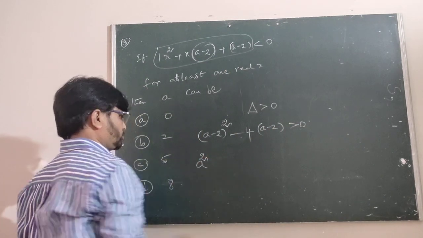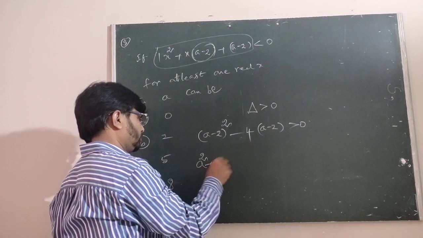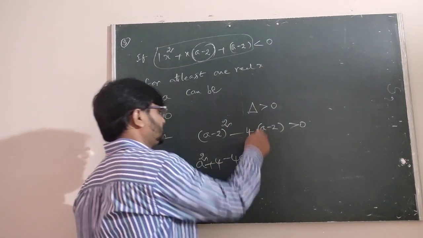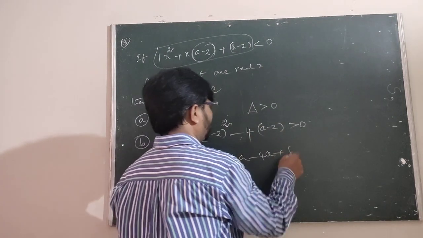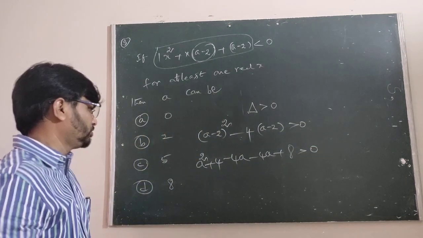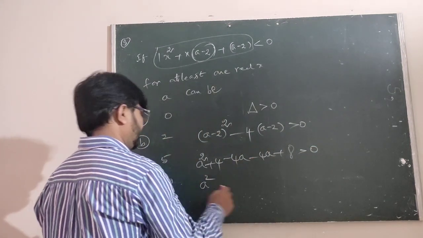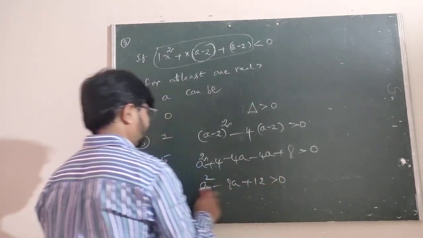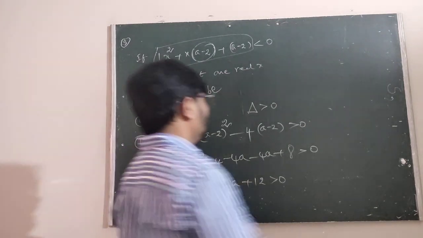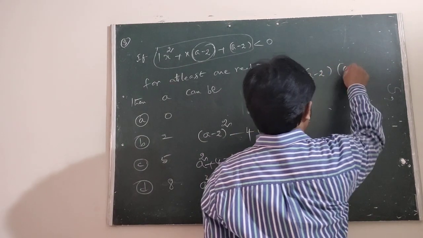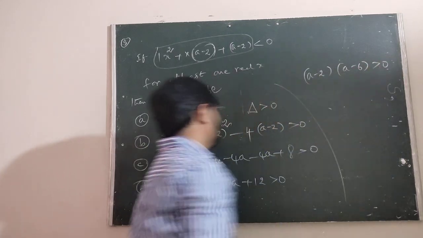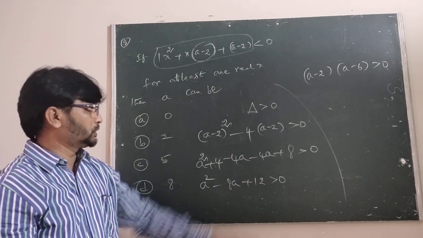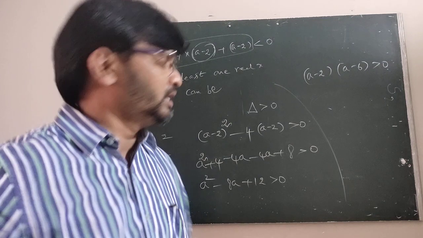That will be a square plus 4 minus 4a, also minus 4a plus 8, greater than 0. Now it will be a square minus 8a plus 12 greater than 0. Now this can be written as a minus 2 into a minus 6 greater than 0.